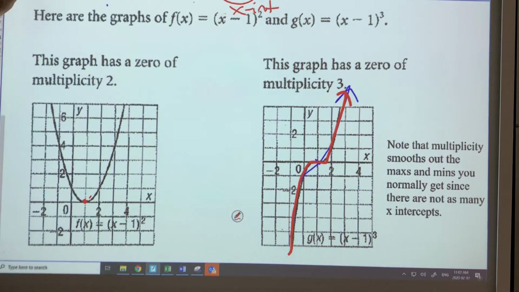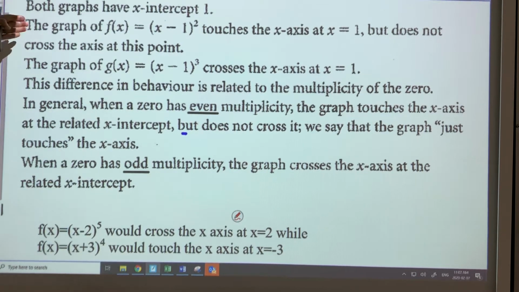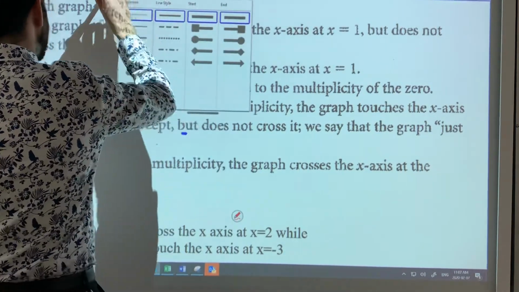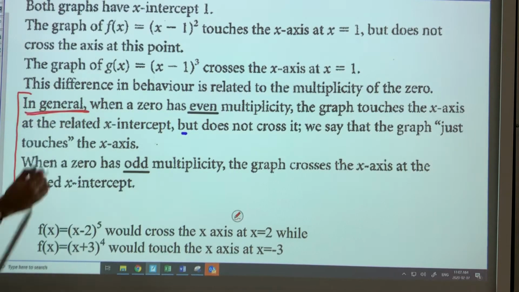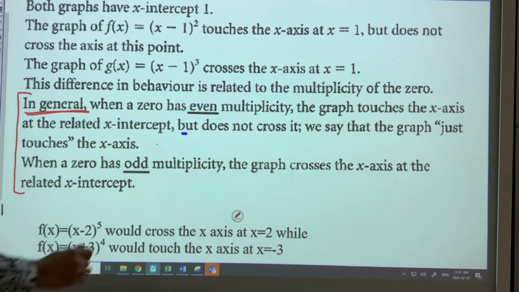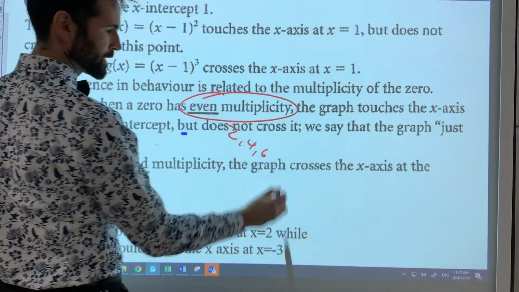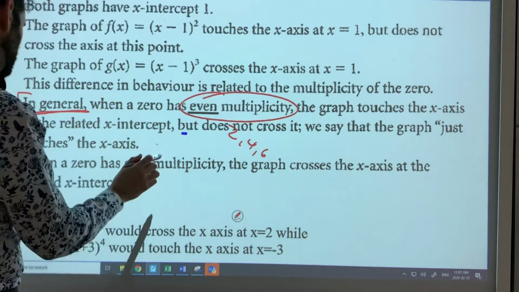Okay. So how does this multiplicity work? Well, this is everything I just said in words. This is the important part. Here's the part you'll want to highlight so that you can read through it later, right here where it says in general. So if you have an even multiplicity, even as in 2, 4, 6, the graph will touch the x-axis and it will not cross it, it will change directions.